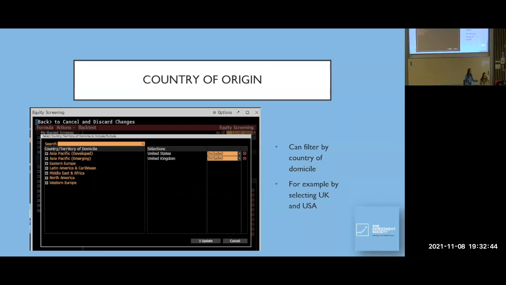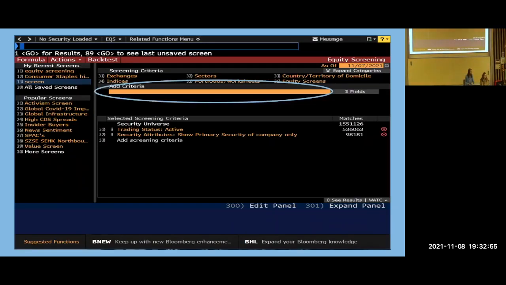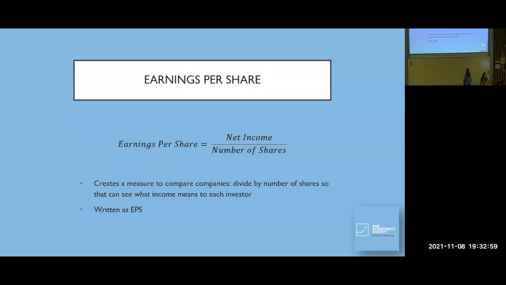So for example, here you can filter by country of domicile, which in this case, we've chosen the UK and the United States. Next, we can add more criteria. Here, we're going to be looking at earnings per share, because this can be one way of screening for stocks.